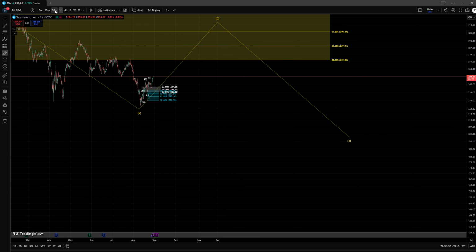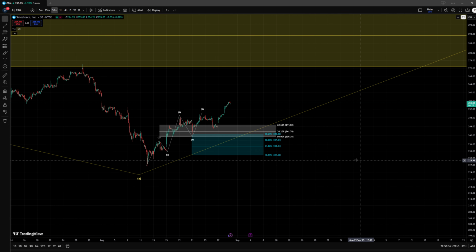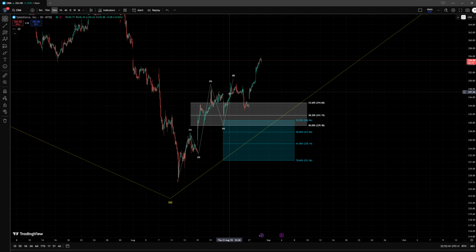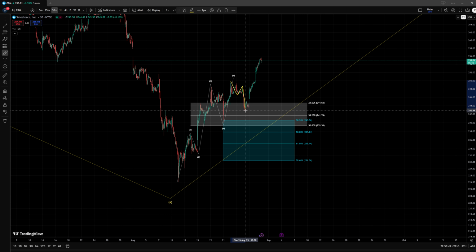But until then, we could still see substantial upside, and I am tracking a few interpretations here. So one of them could be that we had here a 1, 2, 3, 4, 5, and then this was a very small ABC pattern in a wave 2, and then we are now in a large third wave to the upside.